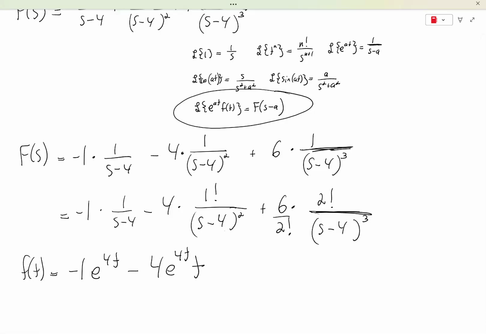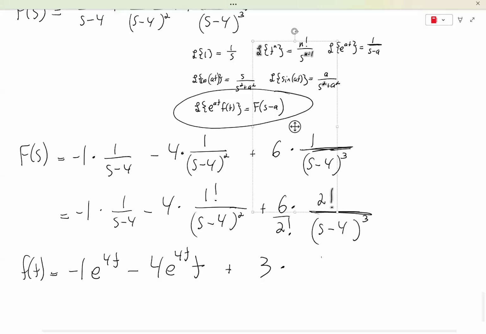That gets tricky to me. Plus, now this is 6 over 2, which is 3. So 3. Now you do the same thing here. Pretend that's not here. If that weren't there, that'd be t squared, using this one.